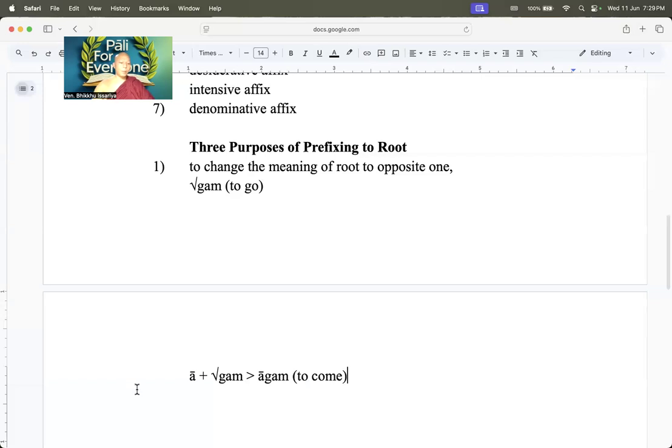You see? Root gam is to go, but when we use the prefix ā with the root gam, ā-gam, it is just to come, you see.